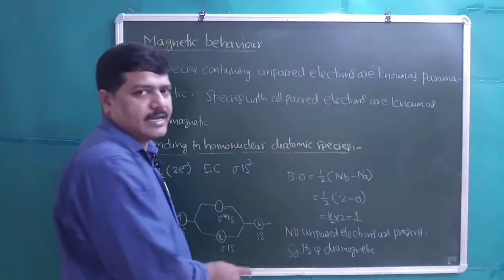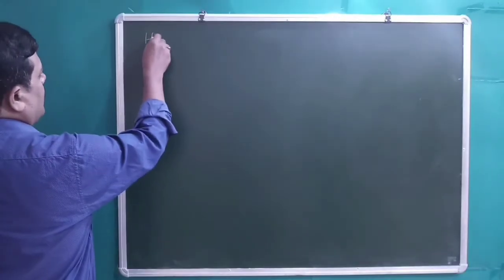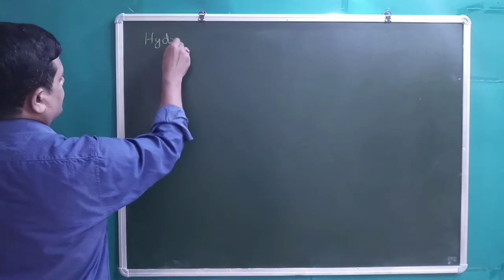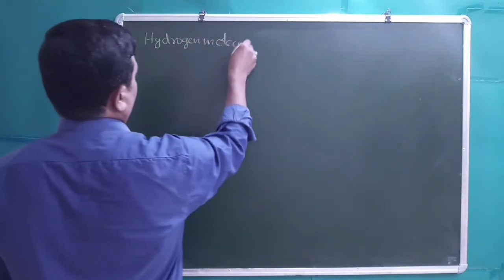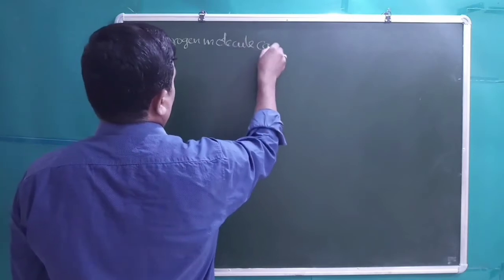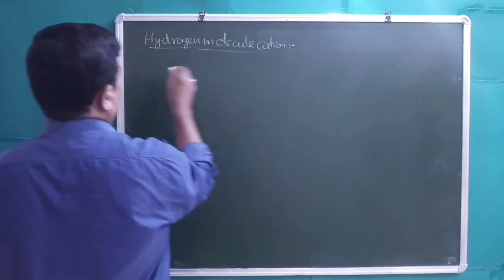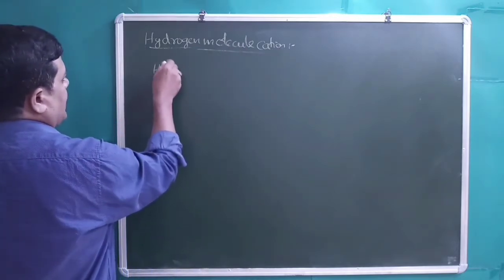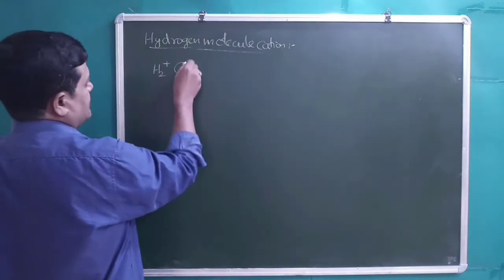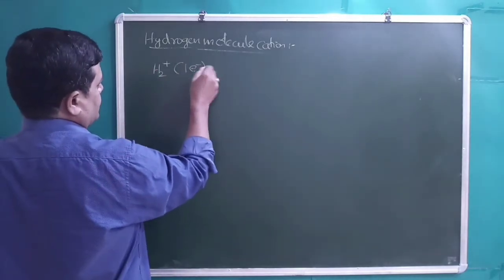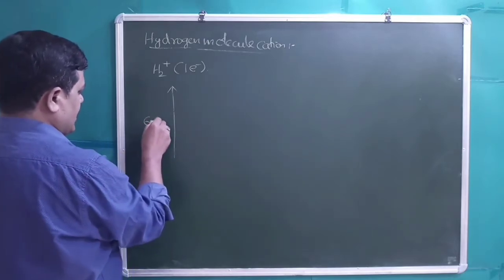Students, next we will take the H2 plus species. Hydrogen molecule cation, that is H2 plus. Students, H2 has 2 electrons, H2 plus has 1 electron. The energy level diagram for this we can write like this.